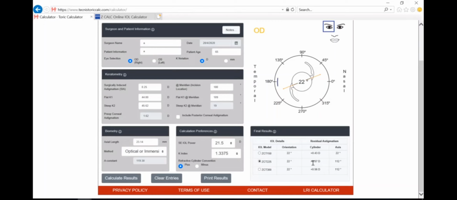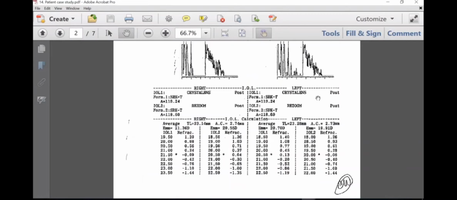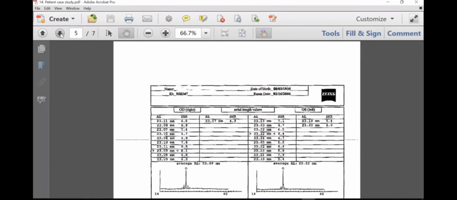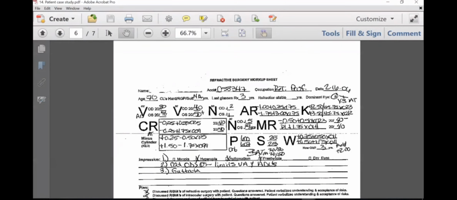So sometimes in terms of correction, they may look at the original spectacle correction. For example, they may look at the original correction of the spectacles, and they want to see how much of the astigmatism it is actually correcting.